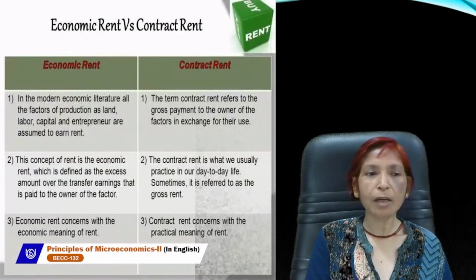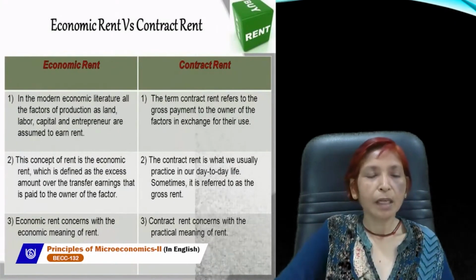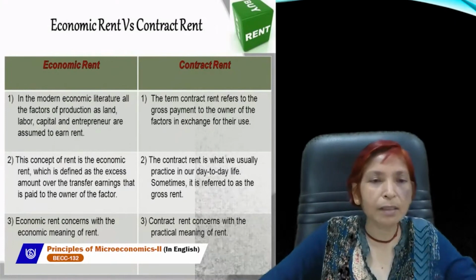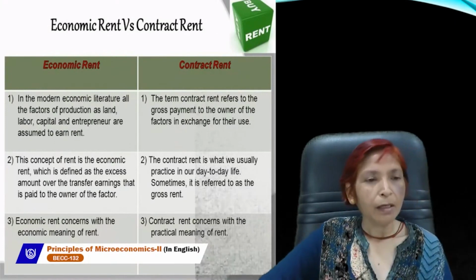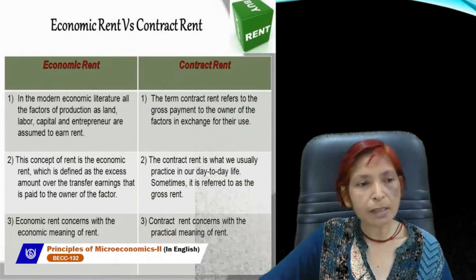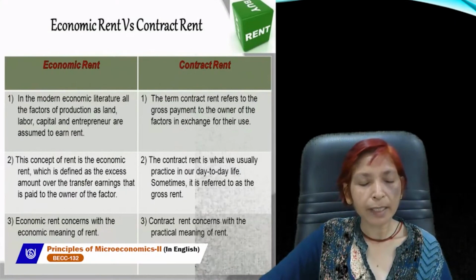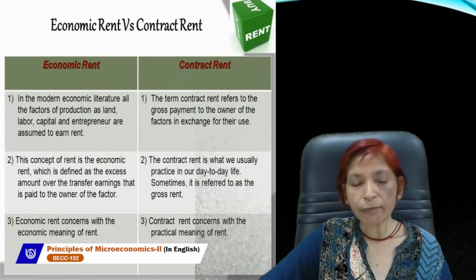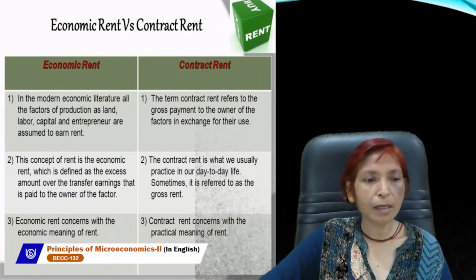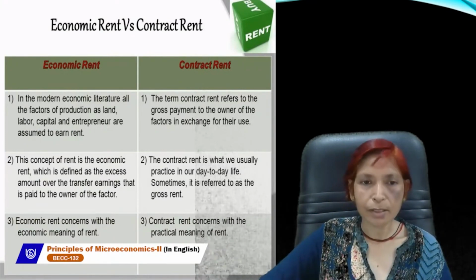Next concept is economic rent and contract rent. What is the difference between economic rent versus contract rent? Economic rent was presented by Mrs. Joan Robinson, and in this modern economic rent theory, all the factors of production like land, labor, capital, and entrepreneur are assumed to earn rent.